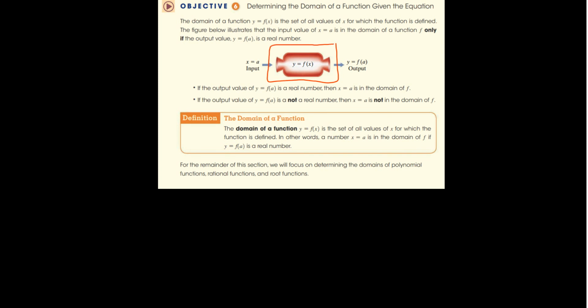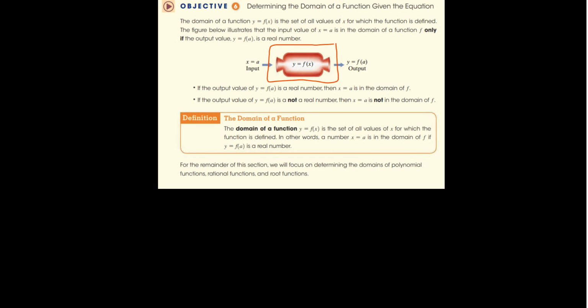It looks like you put something in and then you get something out. So let us go ahead and define that: what we put in will be the input and what we get out will be the output. The machine's name is going to be the function. Whatever function we have, it's going to be the function.